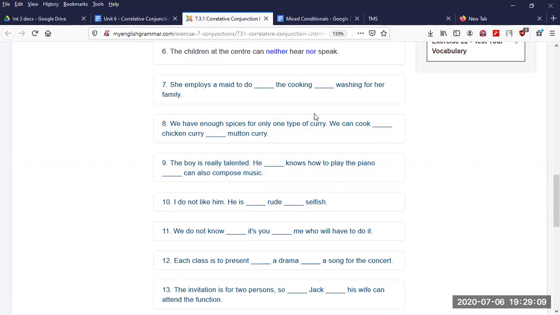She employs a maid to do the cooking, washing for her family. So you have the two things. The maid does the cooking and the maid does the washing.